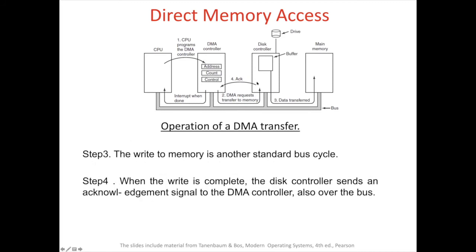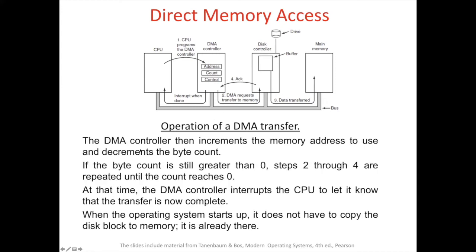In step 3, data is transferred from buffer to memory. The write to memory is another standard bus cycle. In step 4, when the write is complete, the disk controller sends an acknowledgement signal to the DMA controller, also over the bus.